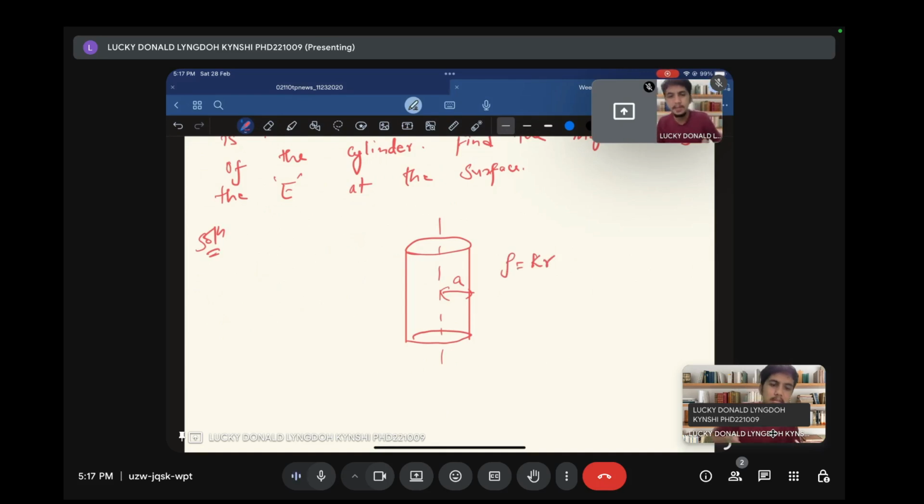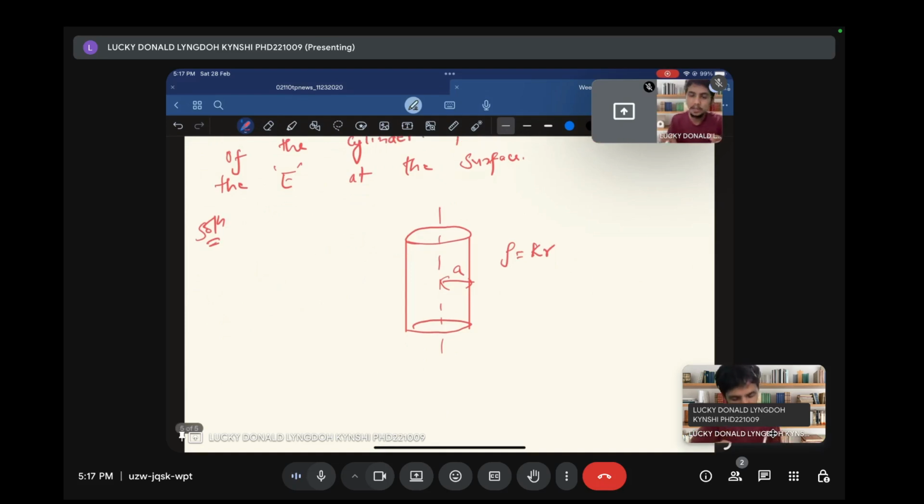That means it scales linearly with the radius. Now we have to find out what the electric field is at the surface, that is, at a radius a.